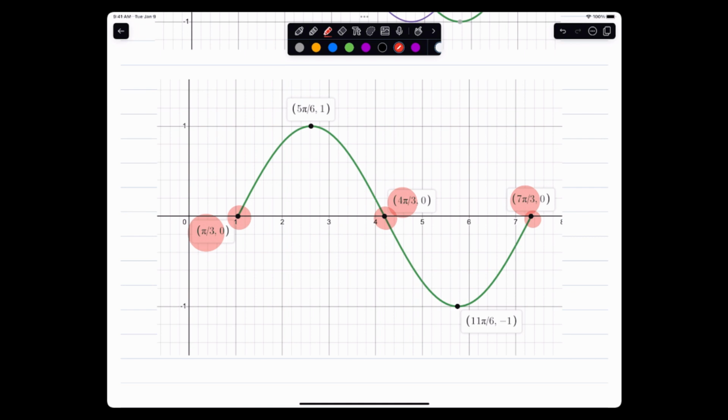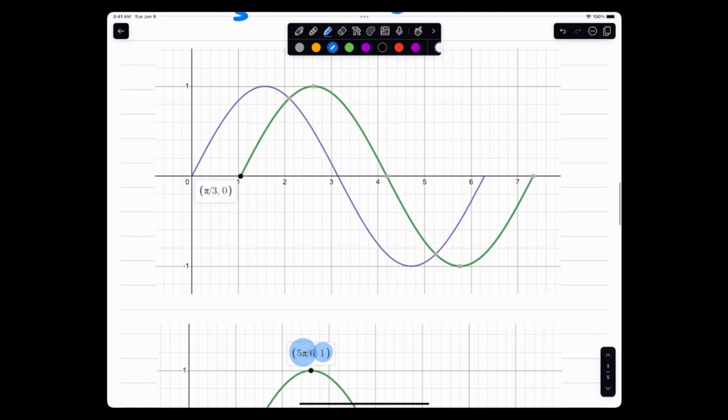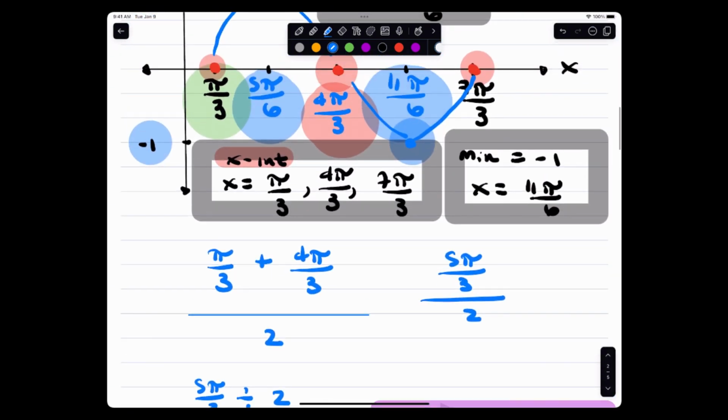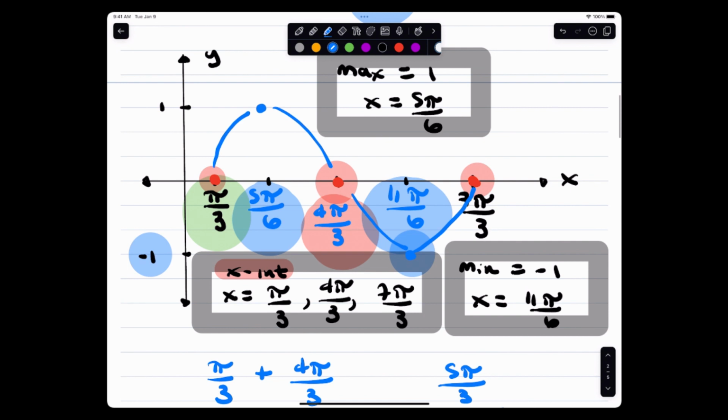Is that right? And then 5 pi over 6, 11 pi over 6. We have the maximum value of 1, we have the minimum value of -1. So go back. It's exactly the work we did here.